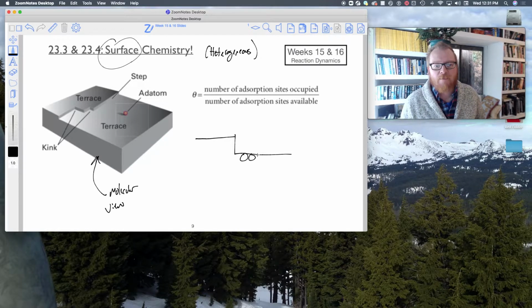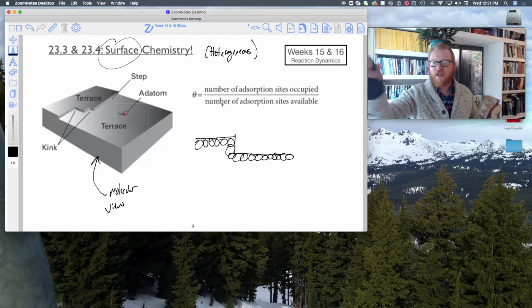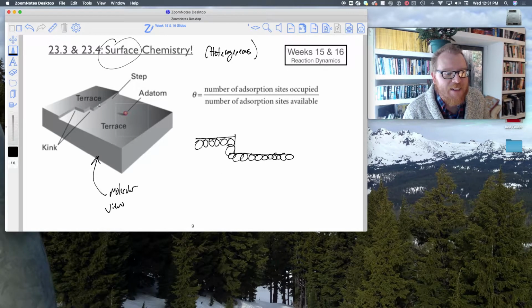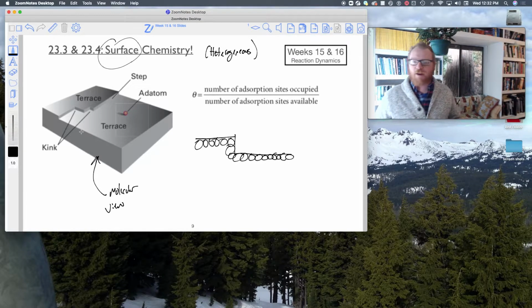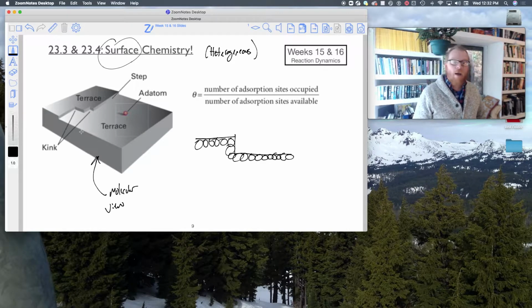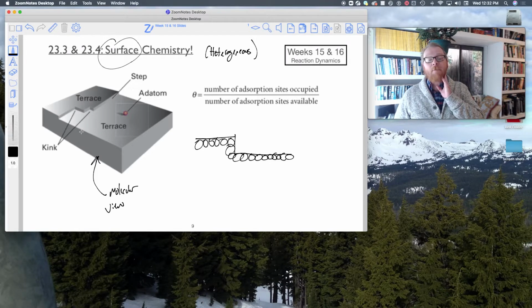So there might be atoms, there are atoms all along here, right? But there's some type of defect in the lattice that gives you that step. If we were to view from the other dimension, these steps, these corners right here, that makes what we call a kink. Okay, so very creative names here. And so what I'll say is when we're doing this heterogeneous catalysis, and this could be gas interacting with a solid or a liquid interacting with a solid, right?